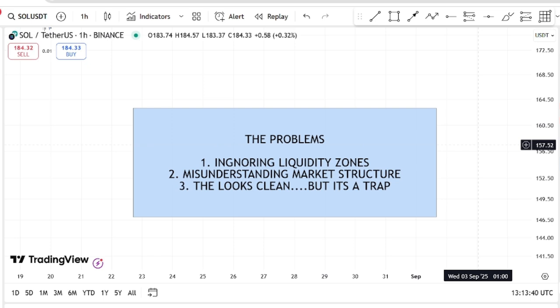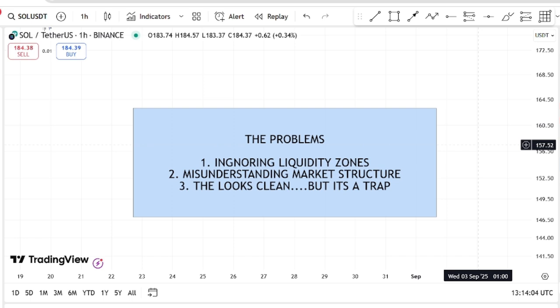Okay, welcome back to the second slide. In this slide, we'll be looking at some of the problems traders make while marking their order blocks or trying to get the right zone to place or pick their trades from. First on the list is ignoring liquidity zones.